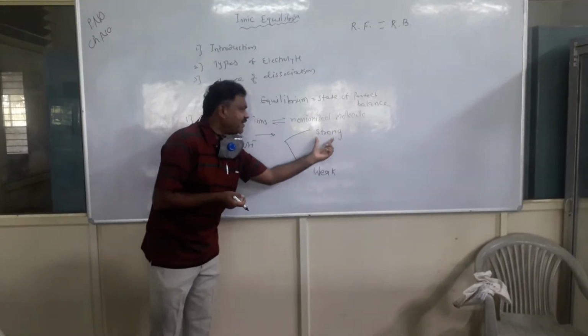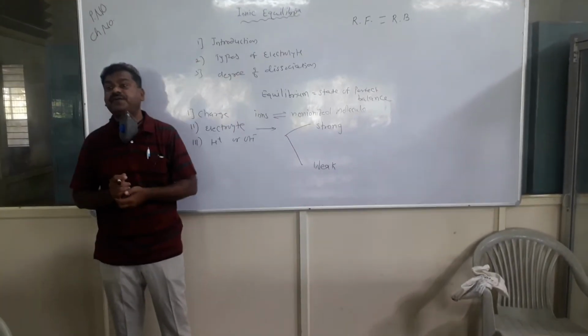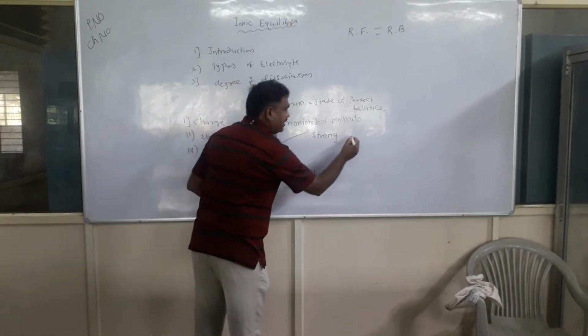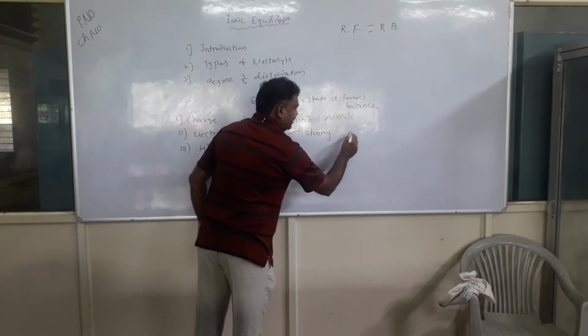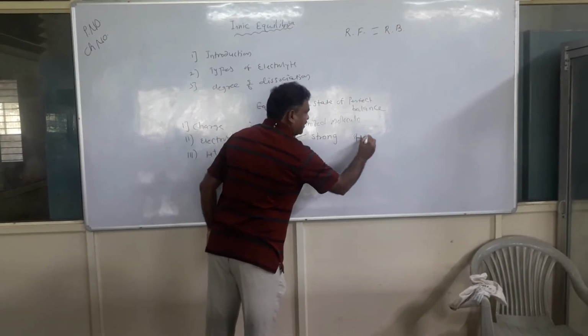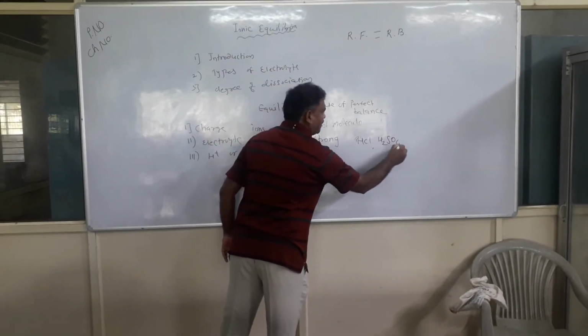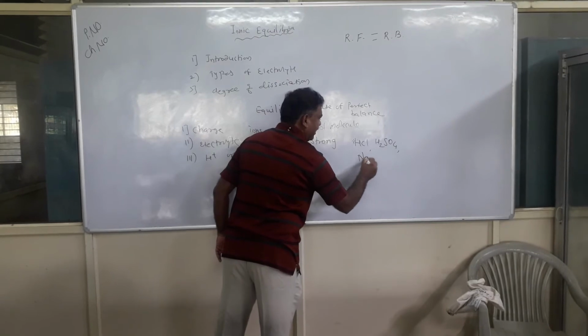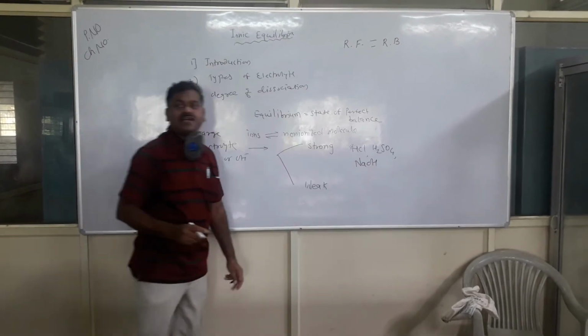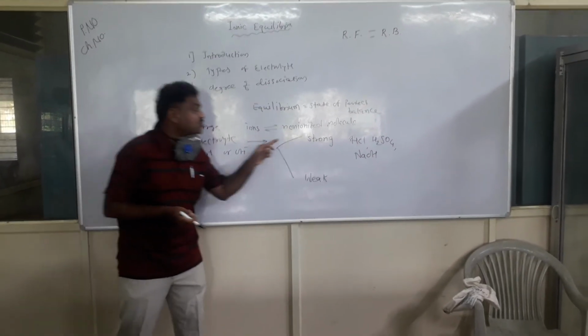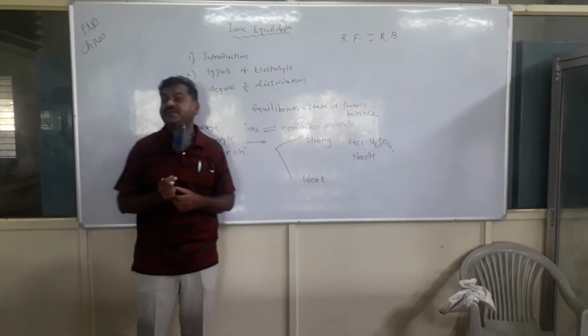Therefore, that is known as a strong electrolyte. For example, HCl, then another example is H2SO4, next is NaOH, sodium hydroxide. These are called strong electrolytes.